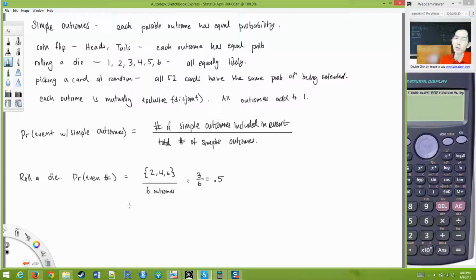Are you guys familiar enough with a deck of cards? Okay, so if I say we're going to pick a card at random, and I'm going to ask, what is the probability of selecting a face card? Or actually, let's say a black face card.